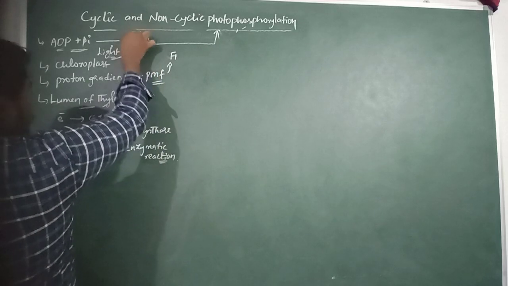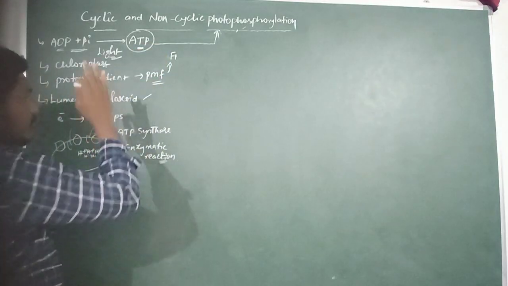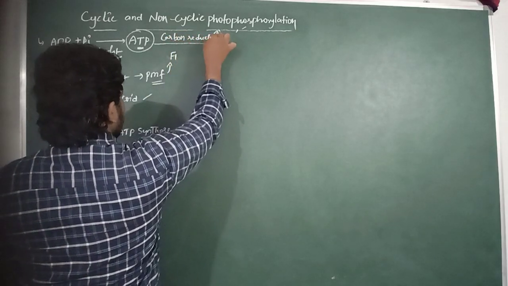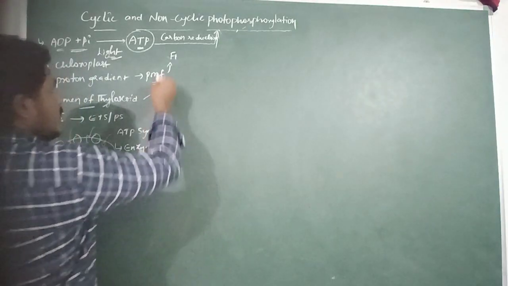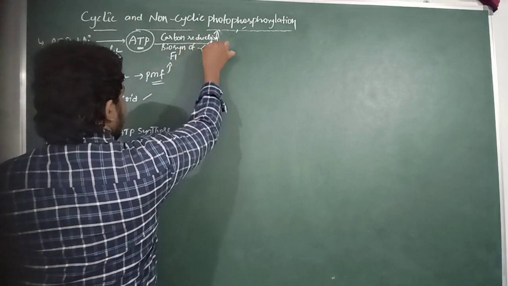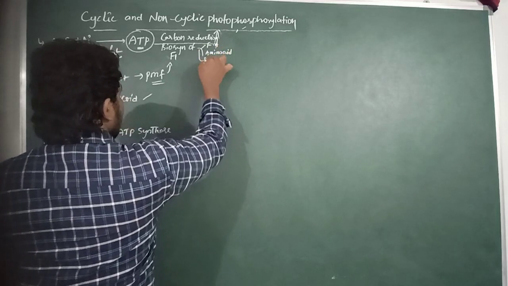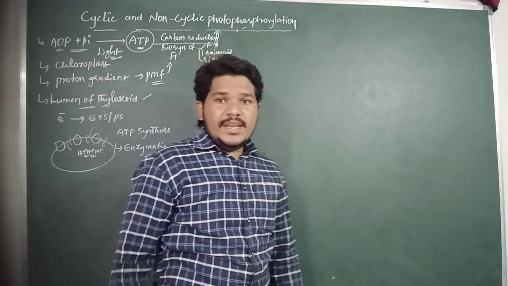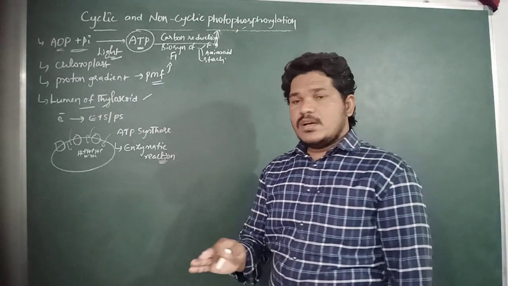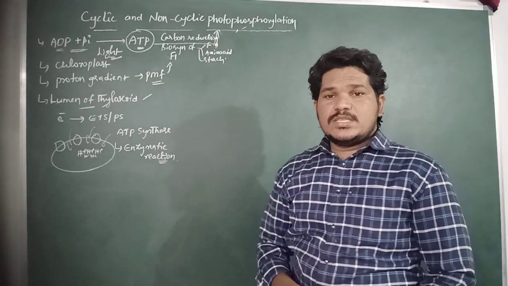The ATP synthesized in photophosphorylation is further used in the carbon reduction process, and also in the biosynthesis of fatty acids, amino acids and starch.